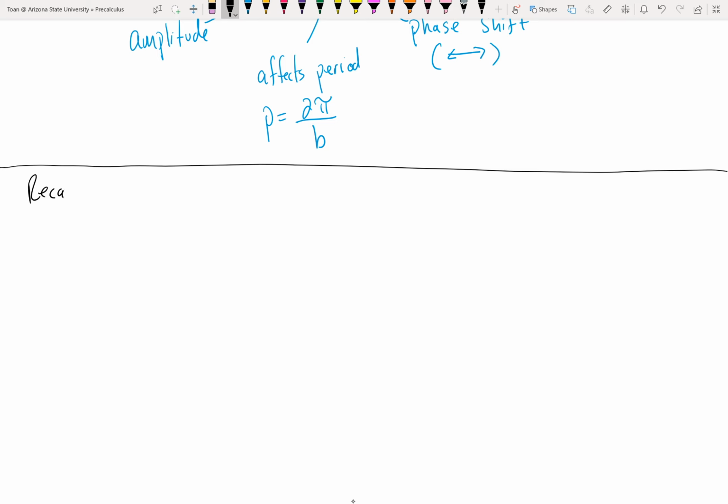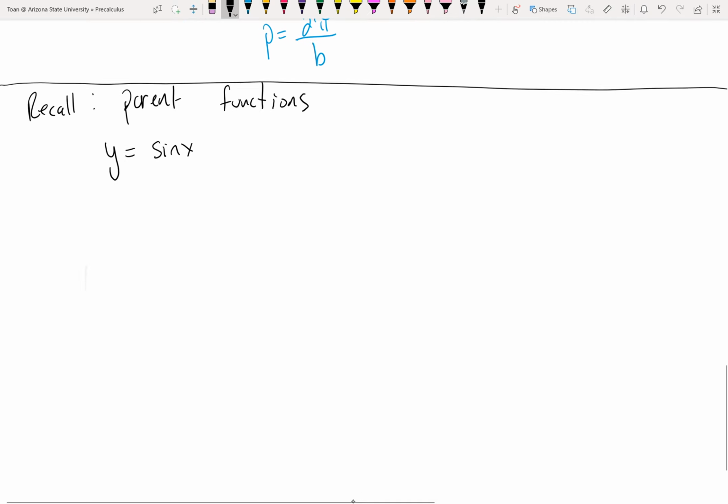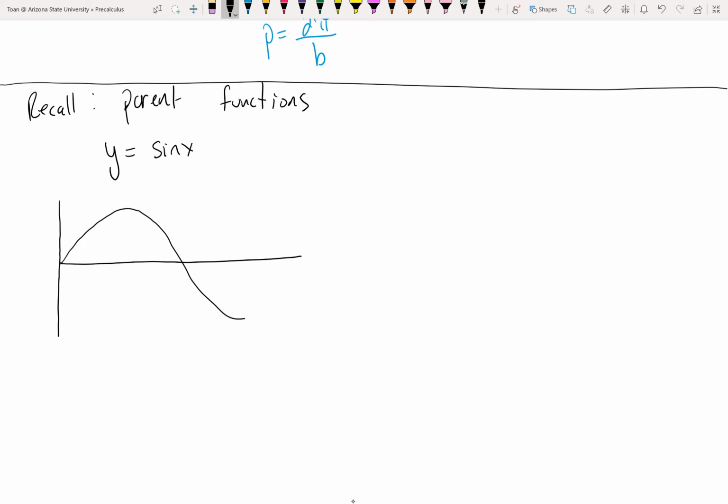Well, let's recall the parent functions. For sine, I guess I could just copy and paste from the above, but I'm lazy and I don't feel like scrolling all up over again, so we'll just redraw it. We saw sine having this sort of shape.